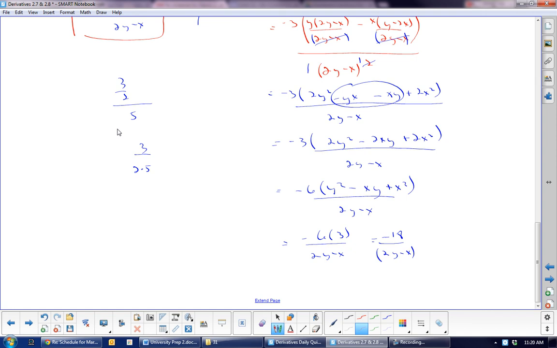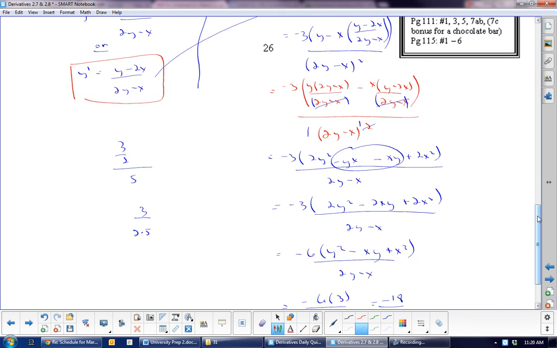Because I want to check that one step that you're talking about. Because I notice now that this would have been divided by (2y minus x) squared, which is the same thing as times. Oops. Right. So you're right about that step. Yeah.